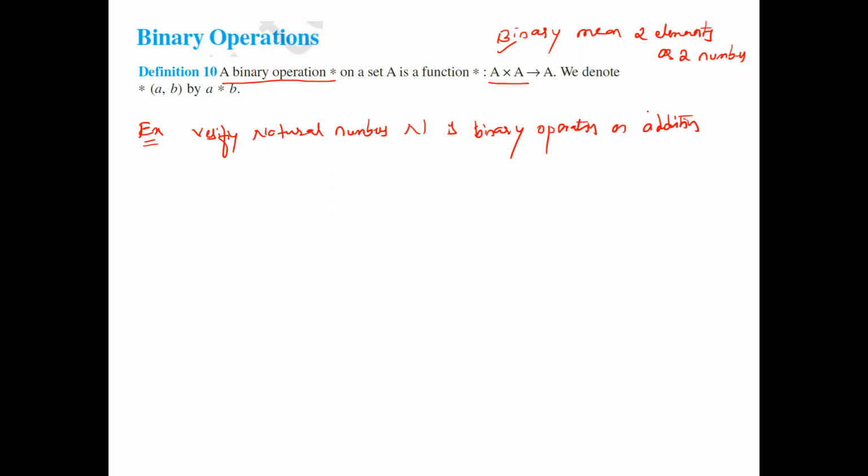Now we're going to check that. Verify the natural number N is a binary operation on addition. Means we have to take the addition. Now what is here? A star B equal to A star B. Now what is your A star B means?